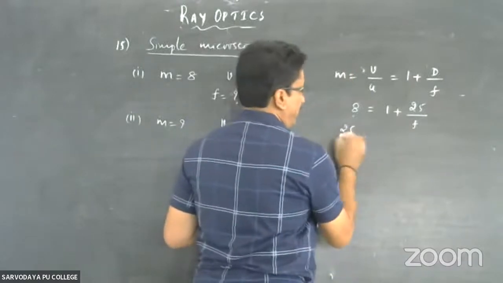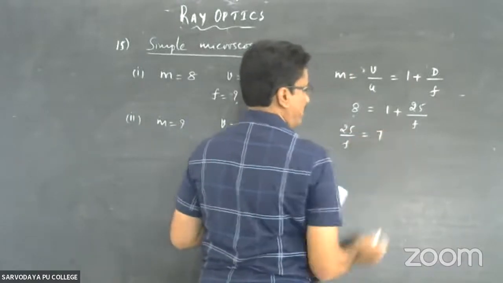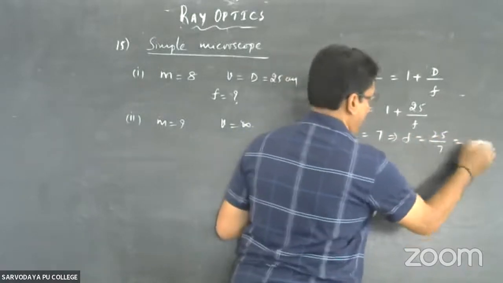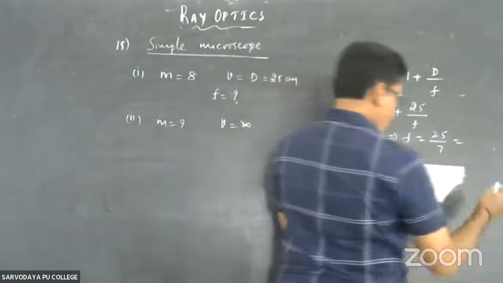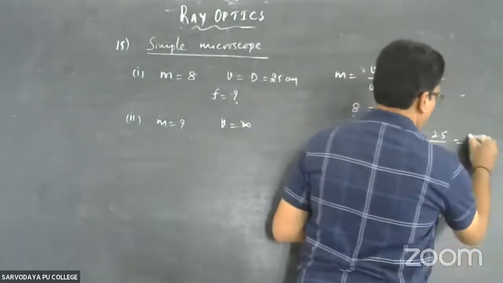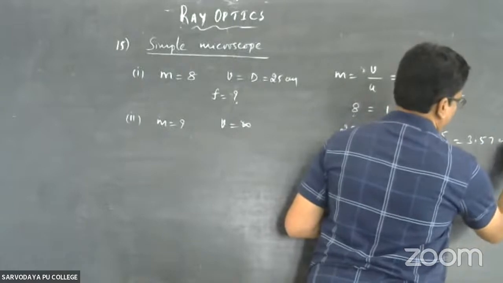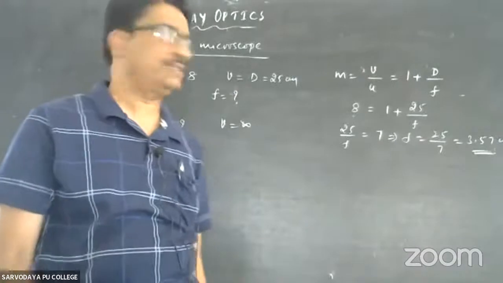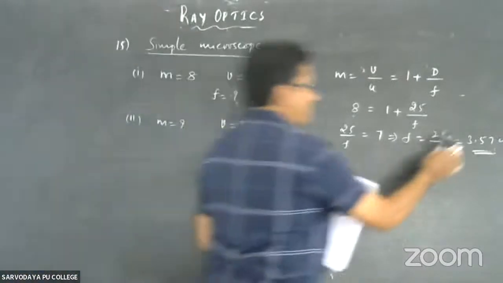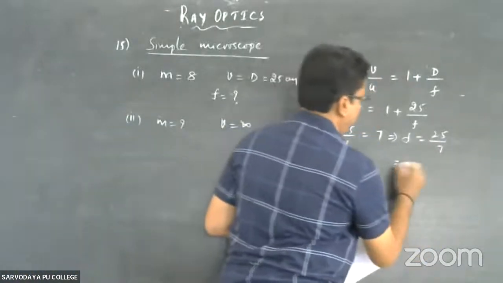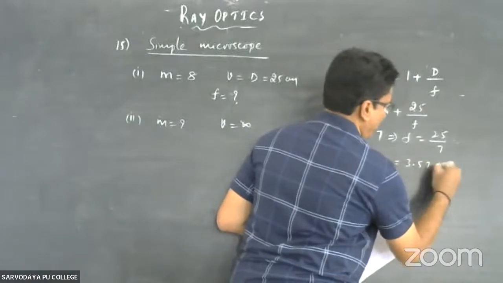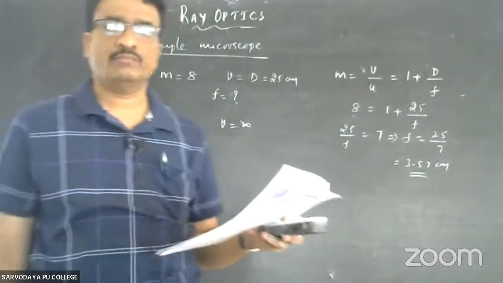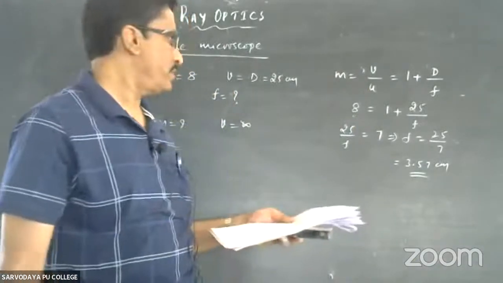Therefore, 25 by f is equal to 7. This implies f equals 25 by 7, which comes out to be 3.57. It means a convex lens of shorter focal length can always be used as a simple microscope, and here the focal length is 3.57 centimeters.